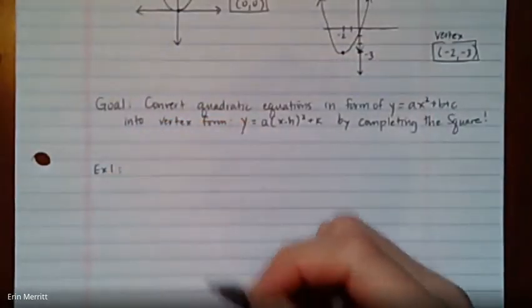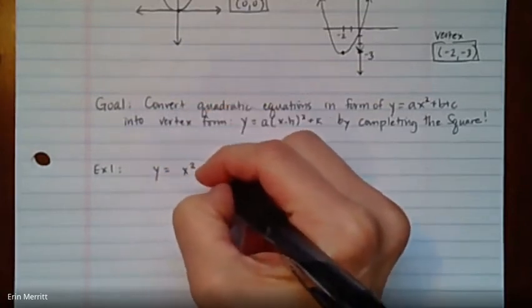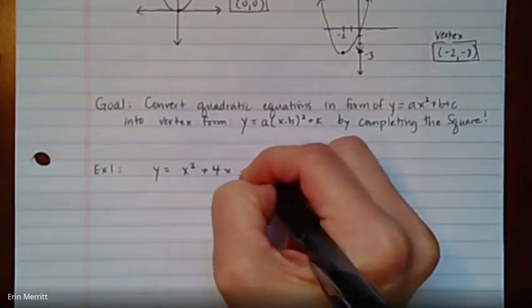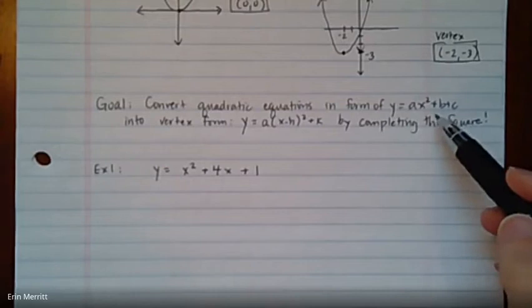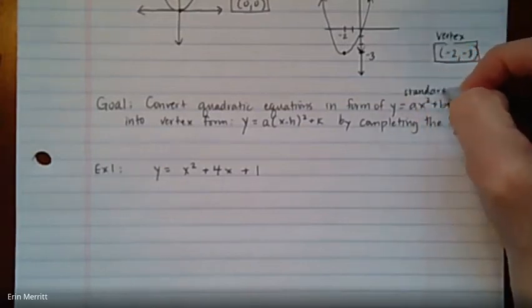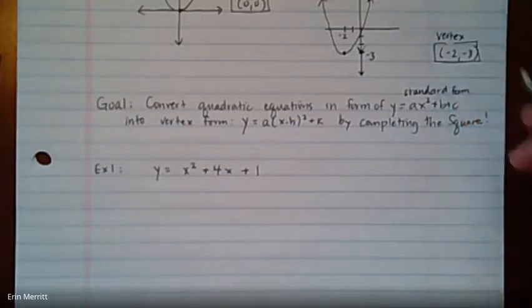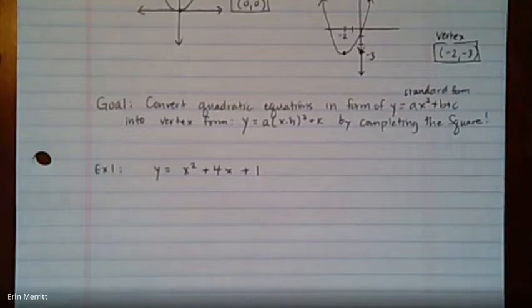So the first equation I'm going to give you is y equals x squared plus 4x plus 1. When I said convert it from this form, this is called standard form. So we're in standard form right now. Feel free to add that up here if you like. So that's that ax squared plus bx plus c.